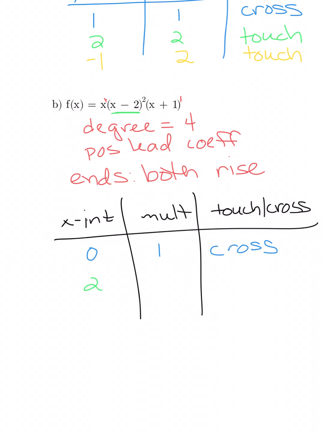The power on the quantity is 2, so that's its multiplicity. And when the multiplicity is even, you touch at that value. And then our second quantity gives us an x-intercept of -1. The power on that is 1, so that's its multiplicity. And because it's an odd multiplicity, we are going to cross at that x-intercept.